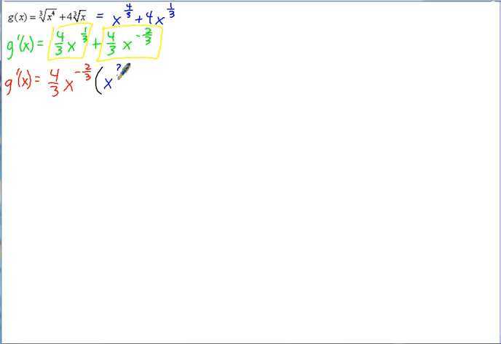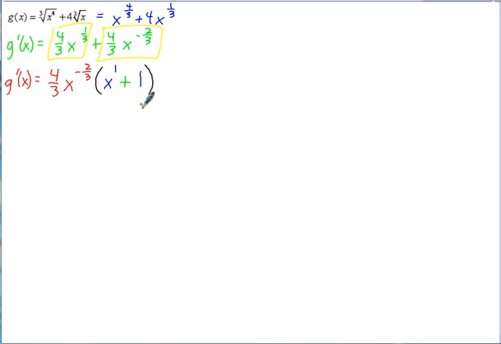So it would be x to the what? Well, this exponent and negative 2/3 have to add up to be 1/3. So that would have to be 3/3. Because 3/3 and negative 2/3 would be 1/3. But what's 3/3? Well, 3/3 is just 1. So that's just x, the first term. Plus, what's left of this term? Well, we factored everything out, so all that's left is a 1.